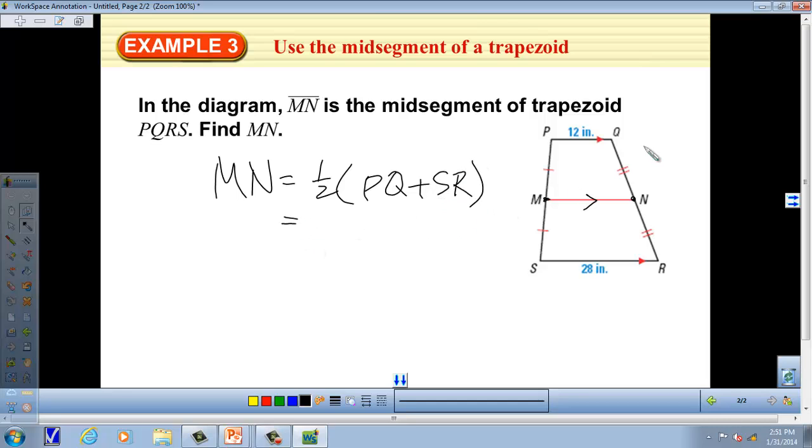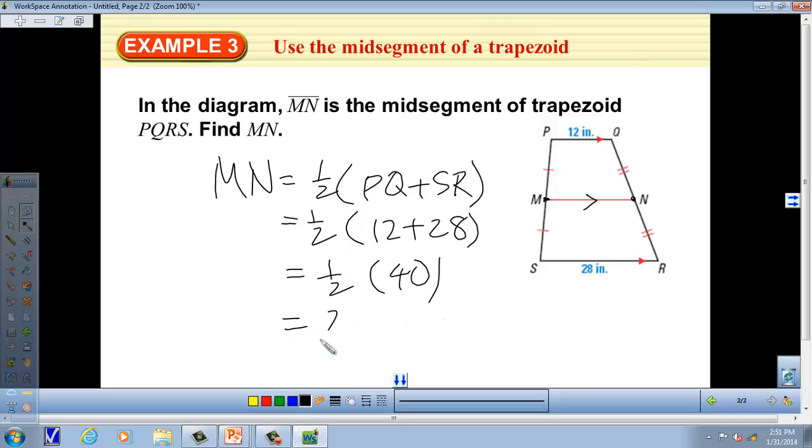So we know the top is 12, and we know the bottom is 28. So it's going to be halfway in between those two, which should make sense, because it's the average of the top and the bottom. We get 1/2 of 40, which ends up being 20 inches.